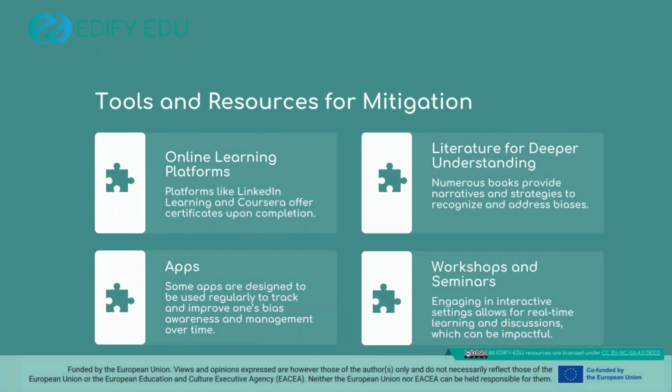Several tools and resources can aid in bias mitigation. Online learning platforms like LinkedIn Learning and Coursera offer courses on diversity and inclusion, providing certificates upon completion. For a deeper understanding, numerous books offer narratives and strategies to recognize and address biases.